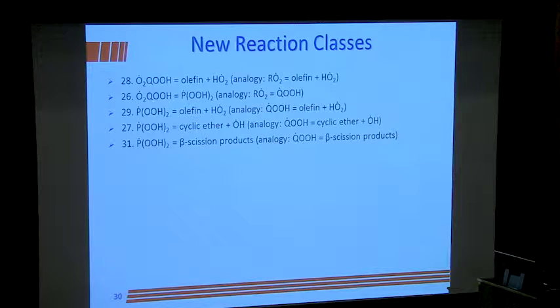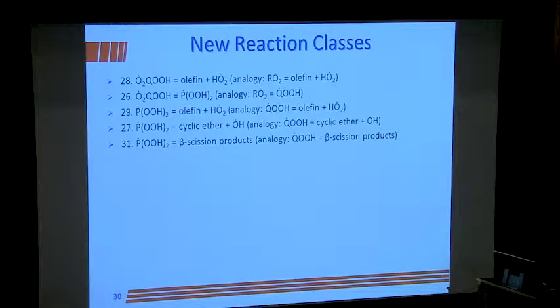Or this RO2 giving us POH by analogy with RO2 to QOH, and then this species giving us olefin plus HO2, cyclic ether, or other beta decomposition products, just like the hydroperoxy alkyl radical from the first addition of molecular oxygen. You can get the same thing from the second addition.